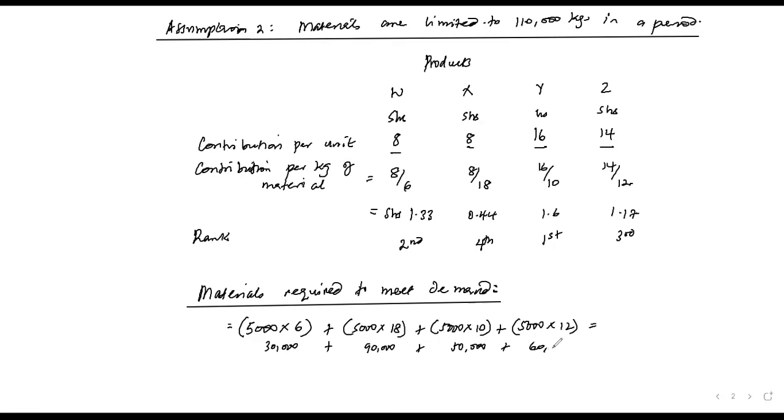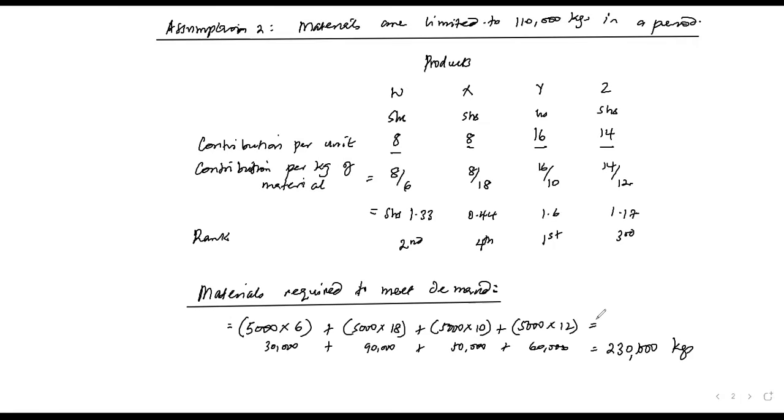Do we have all these kilograms? No, we don't have them. So 30,000 plus 90,000 plus 50,000 plus 60,000. Oh my God, we need 230,000 kgs. We don't have them because the materials are restricted only to 110,000 kgs.